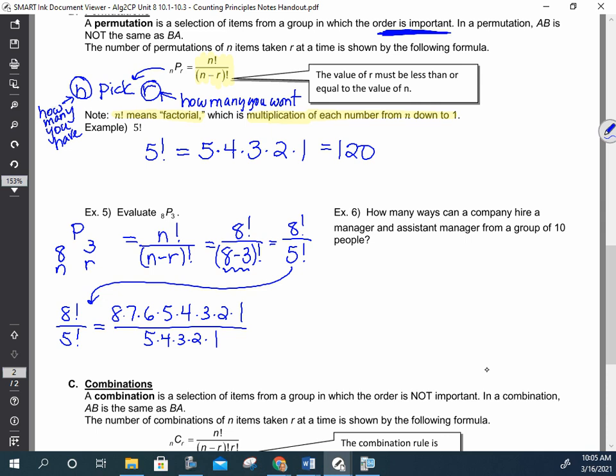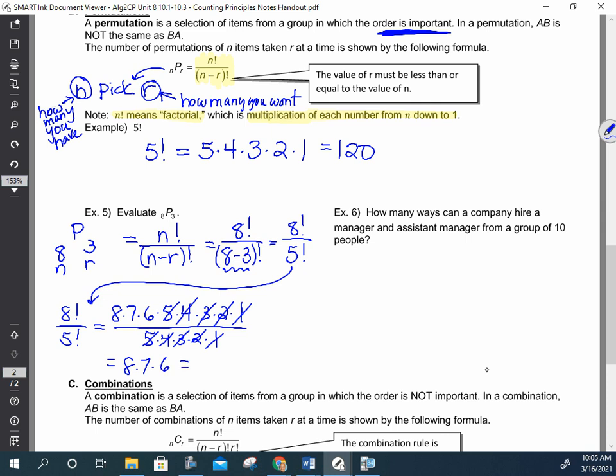So again, if you have a calculator, you do not have to do it this long way. Once you write it out, anything that matches, you can cancel out. So 5, 4, 3, 2, 1 all drop out. That gives you 8 times 7 times 6.